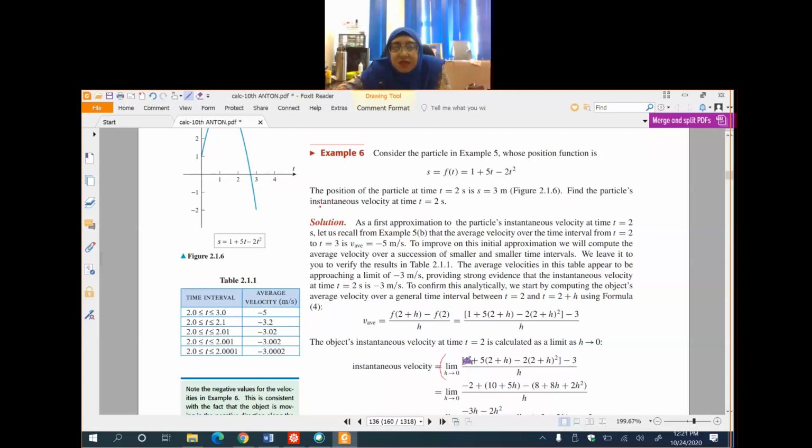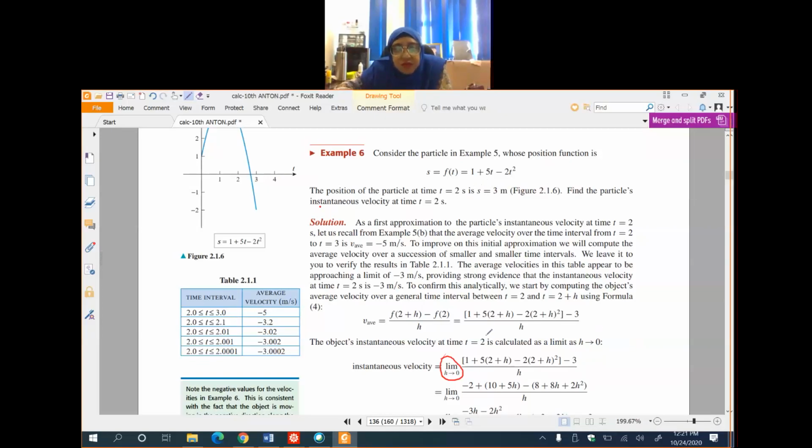So for the instantaneous velocity, if you look here, you are dealing with the limit expression. So this is the limit expression: limit h tends to 0 of f of t naught plus h minus f of t naught.